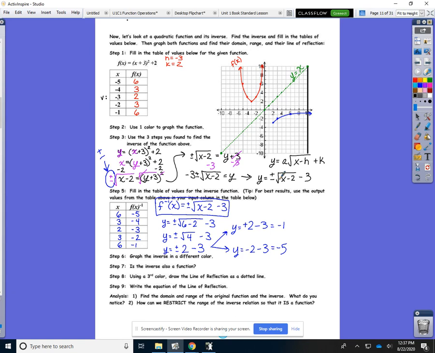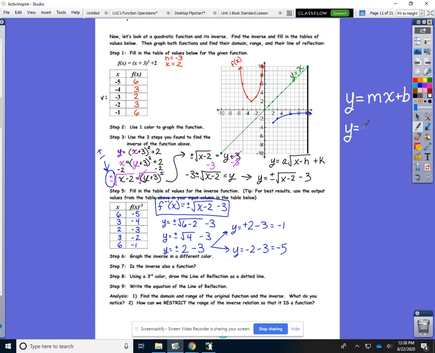And the standard form, like I kind of talked about for a linear function, we write it in the form y equals mx plus b. Well, if we look at the function we were given here, the original, that is a quadratic. I know that because it says x squared.